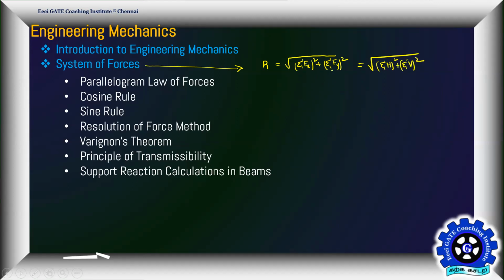So for the resultant system of force, first we need to calculate the magnitude. After that, direction alpha. Then line of action of the resultant force.